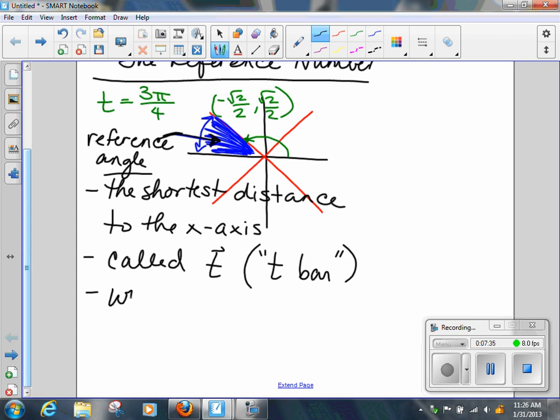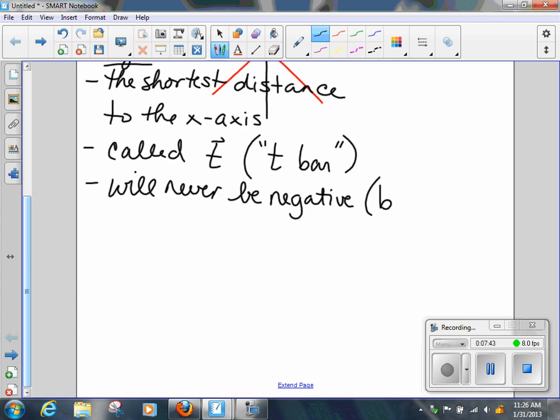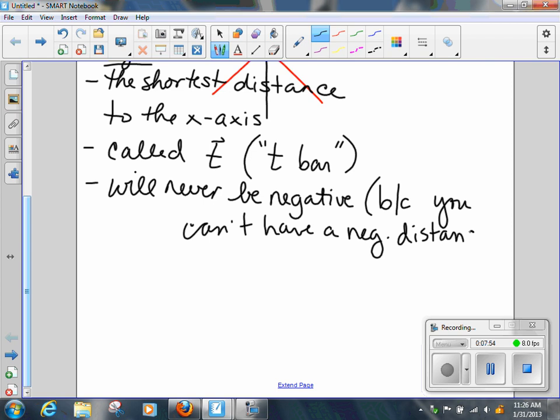Reference angle will never be negative, because you can't have a negative distance.